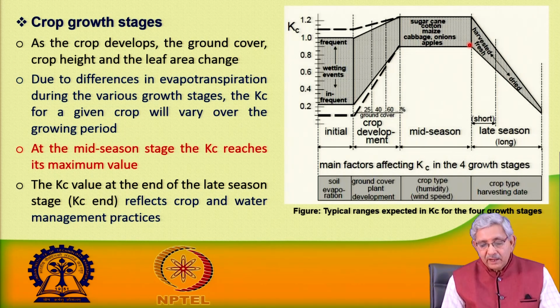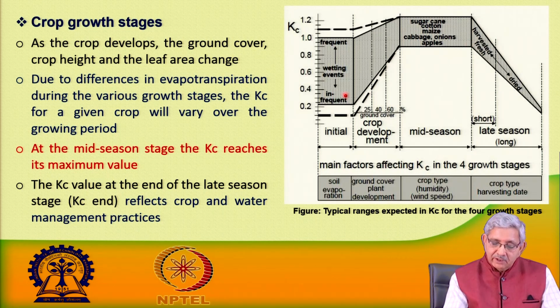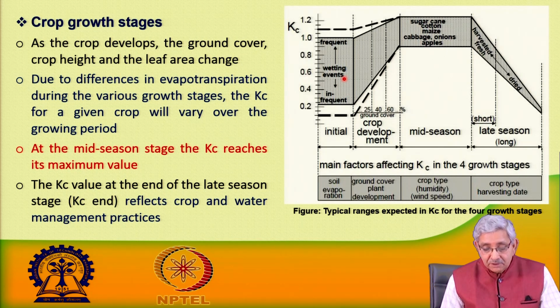Now, here another part shows the same crop when we maintain a certain irrigation interval. If we are giving a very short interval, frequent irrigation, then a wet condition is maintained, and this other one is slightly dry, meaning partial moisture or a certain soil moisture deficit is maintained. So, it influences the crop coefficient value.